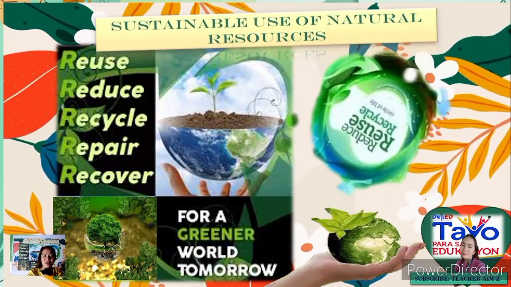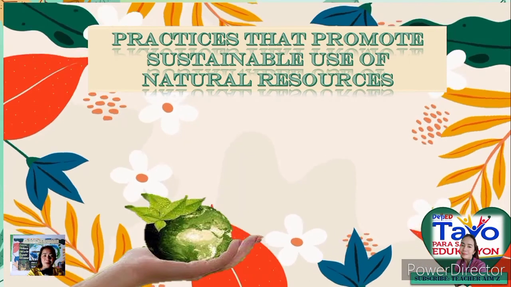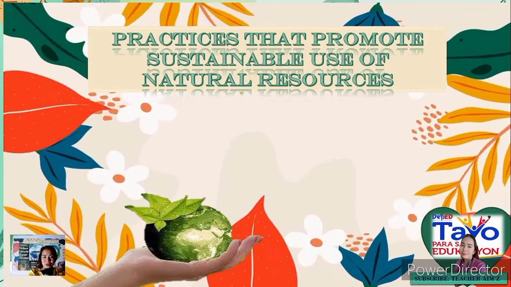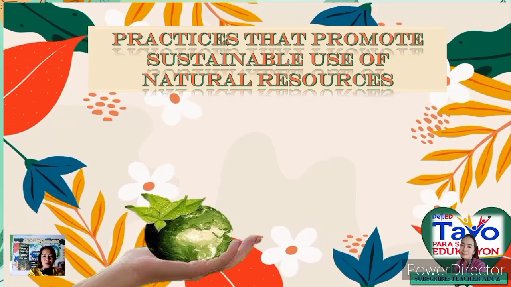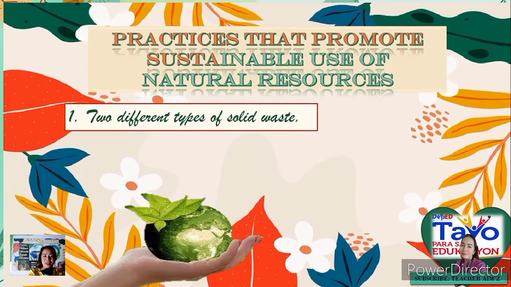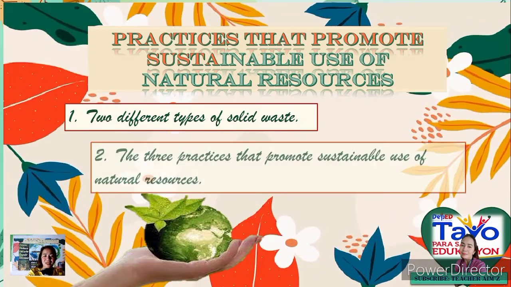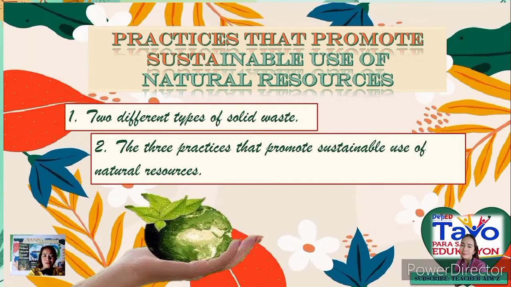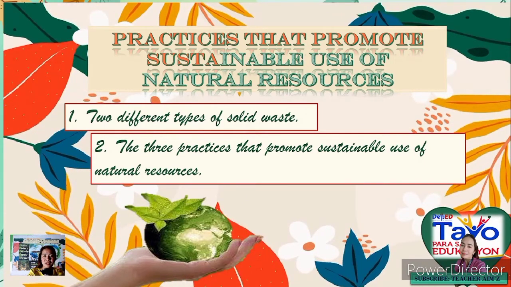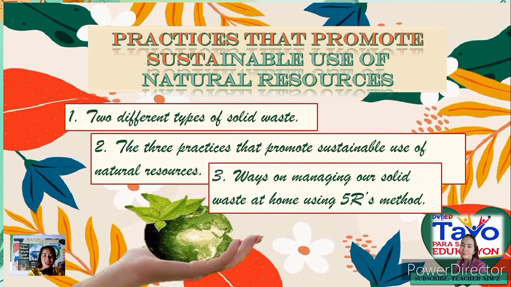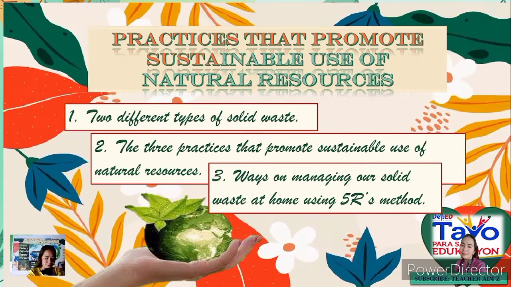Today, we are going to talk about the practices that promote sustainable use of natural resources. In this topic, we will discover the following: the two different types of solid waste, the three practices that promote sustainable use of natural resources, and ways in managing our solid waste at home using 5Rs method.